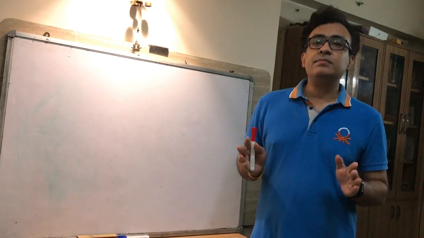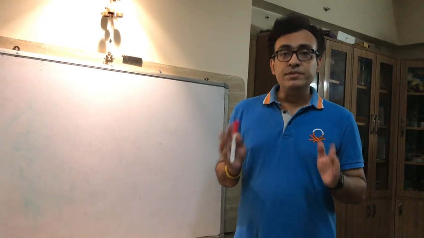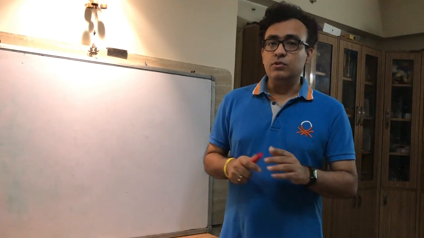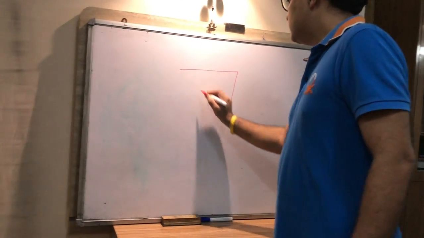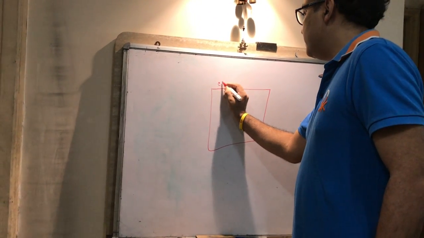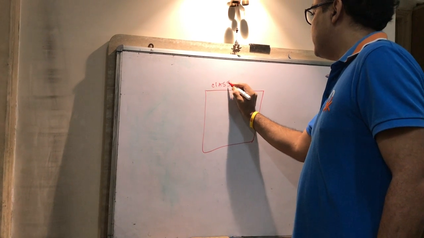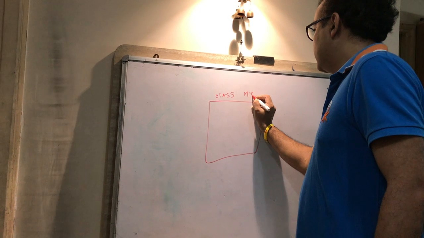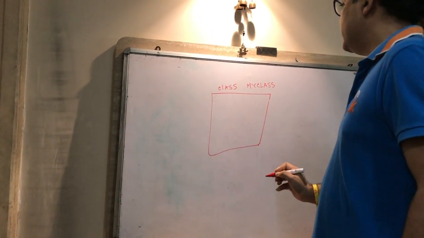I will take C++ as a programming language, and we all know that C++ is an object-oriented programming language and class is a building block. So if I draw some picture of the class, this is just like a block, and if I give a name to the block, it's basically a class, and we give some name to the class as MyClass, right?